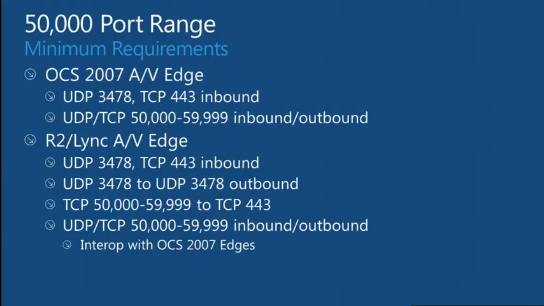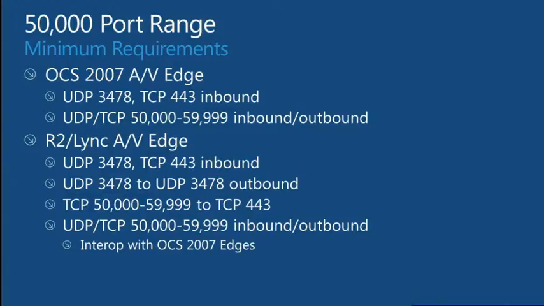These will be the ports that my remote users will use if they ever need to contact my AV edge servers to allocate candidates. Also, I need the UDP and TCP port range 50,000 to 59,999 inbound and outbound for the media establishment.